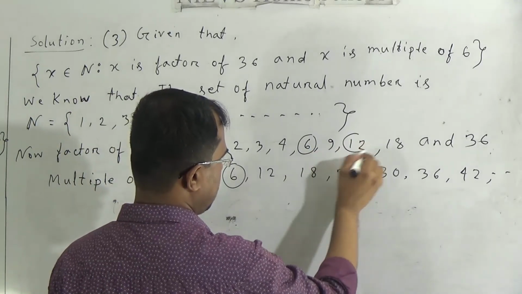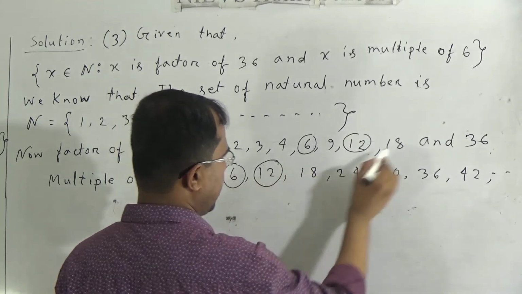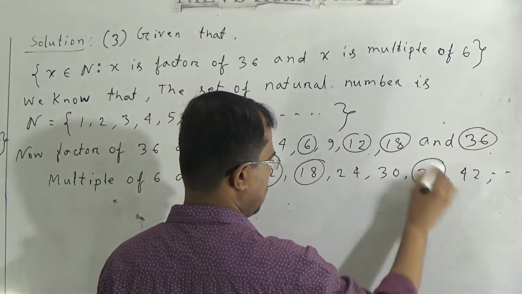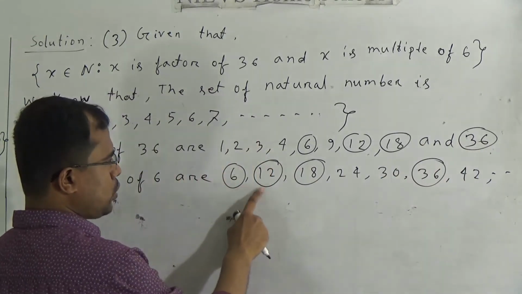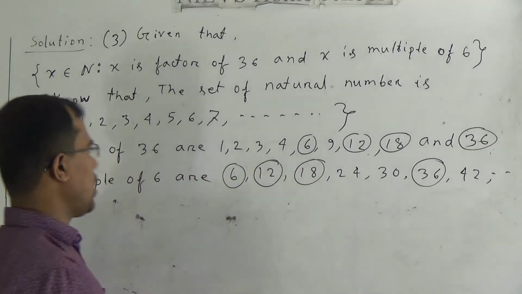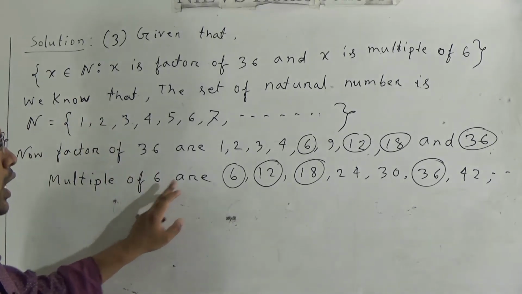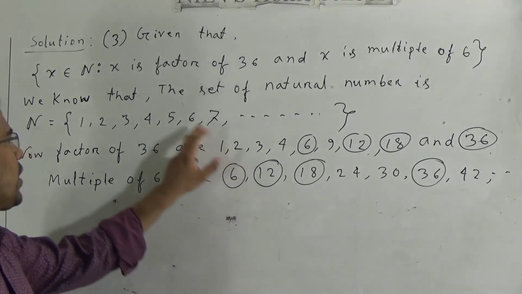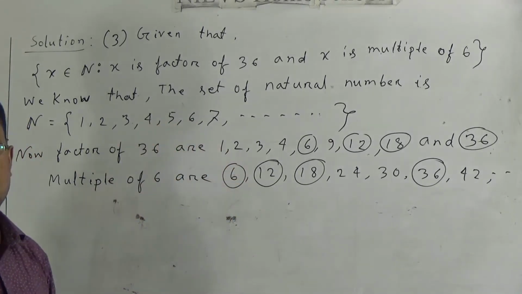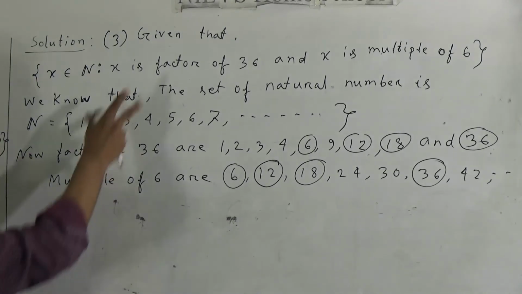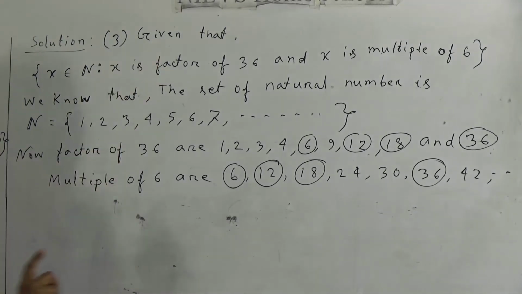Here 12 exists here and also here. 18 and 36. That means 6, 12, 18 and 36 are factors of 36 and multiples of 6, and these four numbers also exist in the set of natural numbers. So the elements of this set will be 6, 12, 18 and 36.